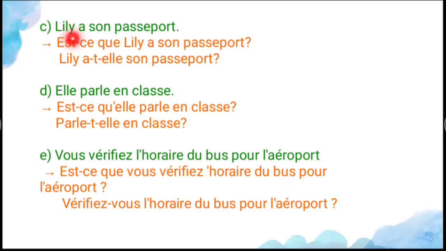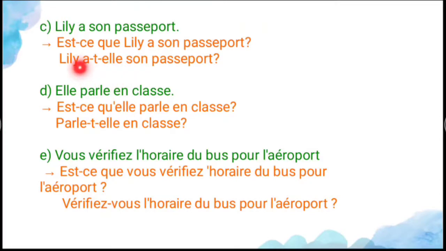And here the third one, Lily a son passeport. So Lily has her passport, and the question is, est-ce que Lily a son passeport? Does Lily have her passport? And the second form is Lily, that is the inversion method. It starts with the subject, the name, which means you have to write the name first and then invert the subject and the verb.